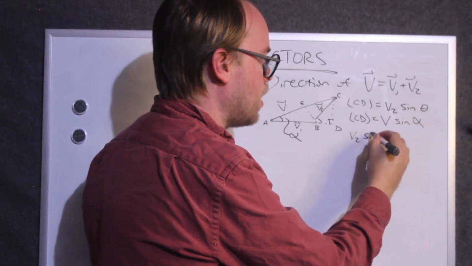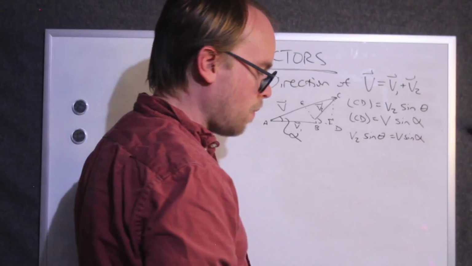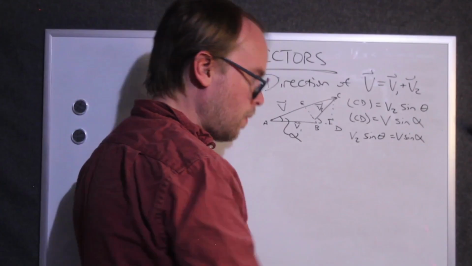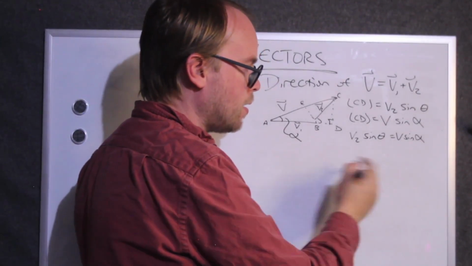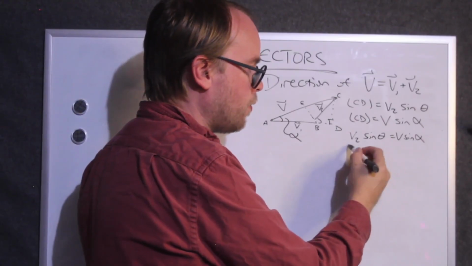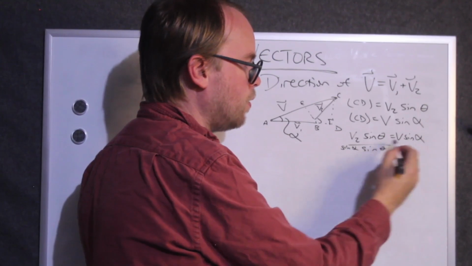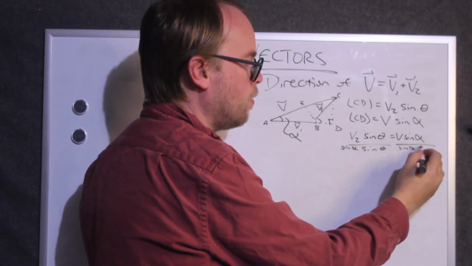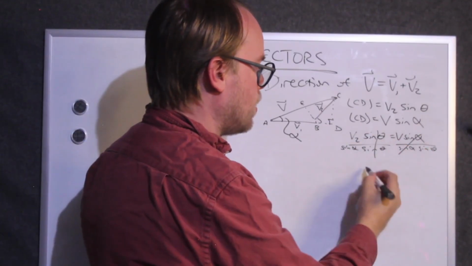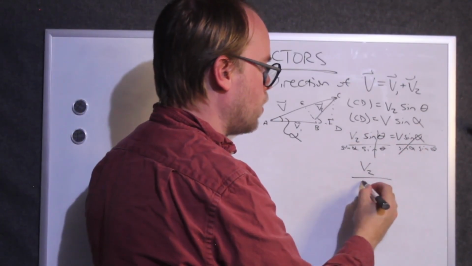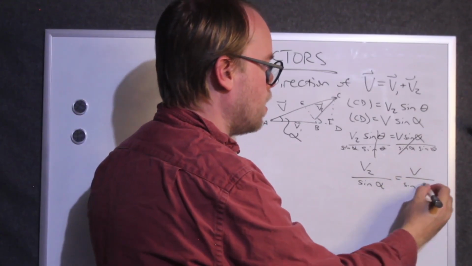So V2 sine theta equals V sine alpha, right? And then we can divide each side by sine alpha and sine theta, and we get this relation: V2 over sine of alpha equals V over sine of theta.